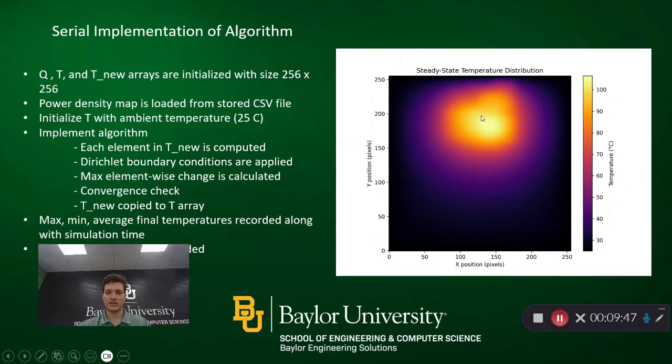But right around here is about where we had the highest power draw, and that's where we ended up with the highest temperature, about 130 degrees C. This is unrealistic because it's not accounting for a heat sink or lateral heat dispersion through the heat sink. But the purpose of this project is mostly for implementing a parallel version and optimizing that.